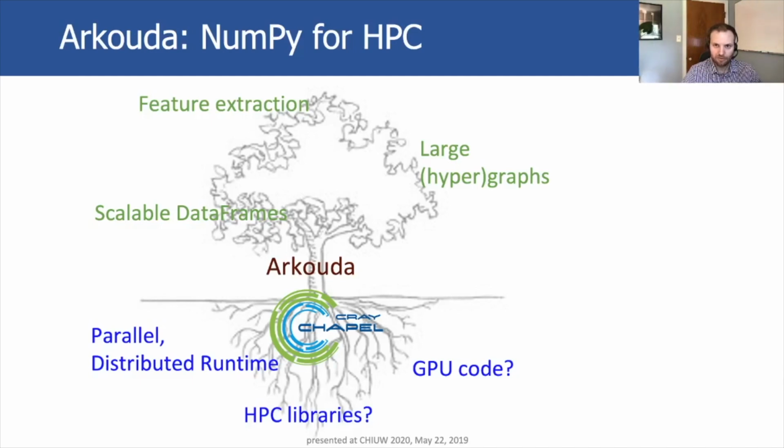So Arkouda aims to interface parallel distributed runtimes, languages, and libraries in high-performance computing to higher level codes such as scalable data frames, feature extraction strategies, and large hypergraph libraries.